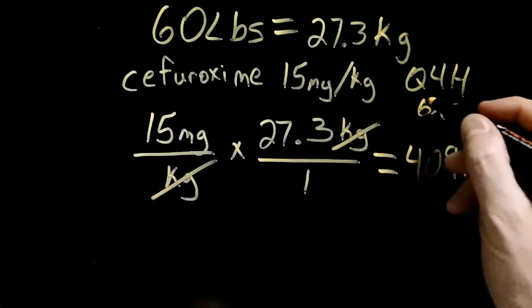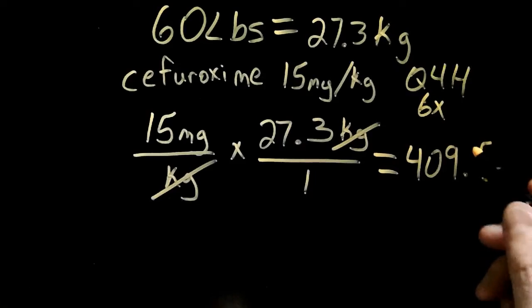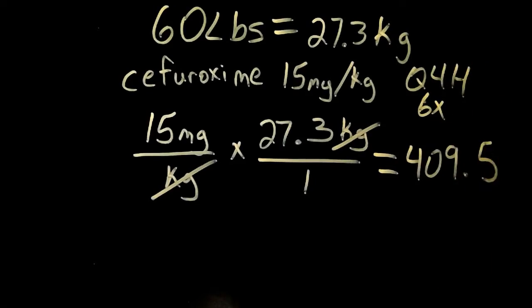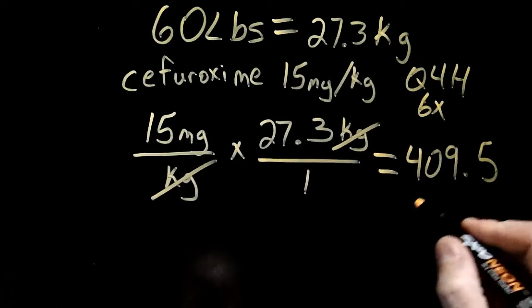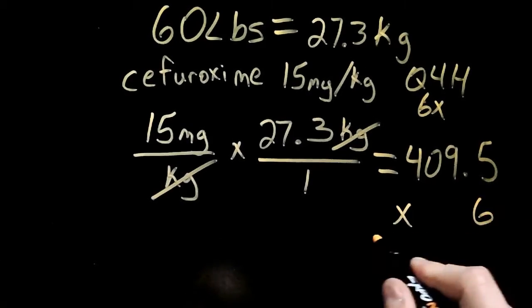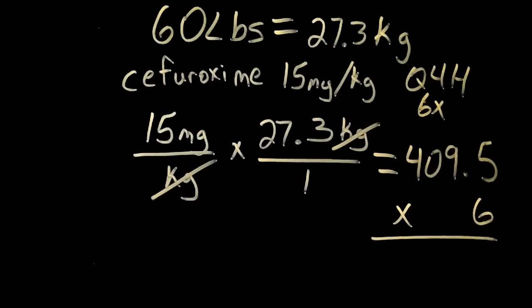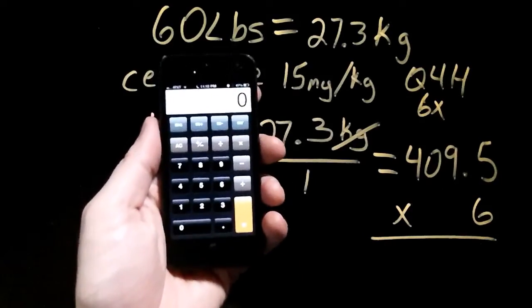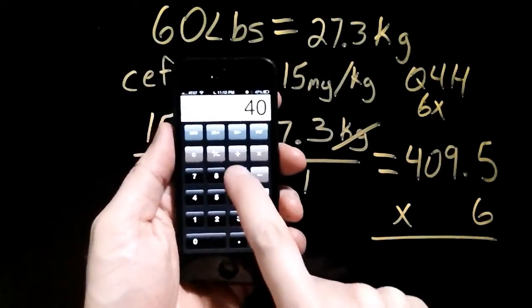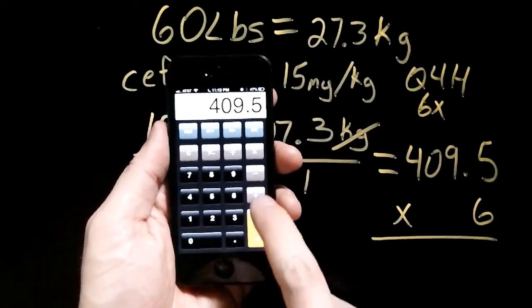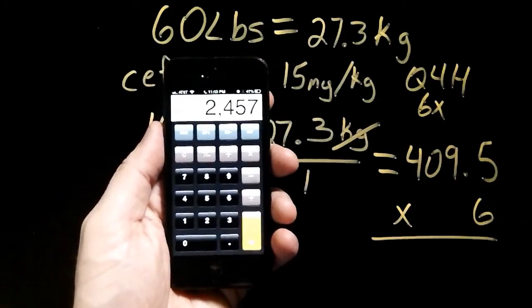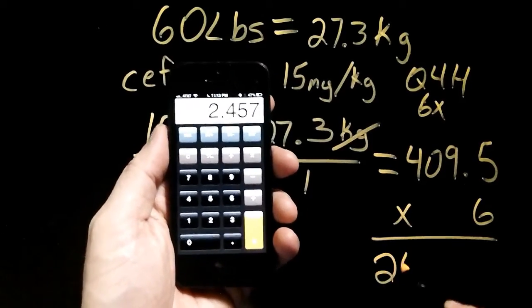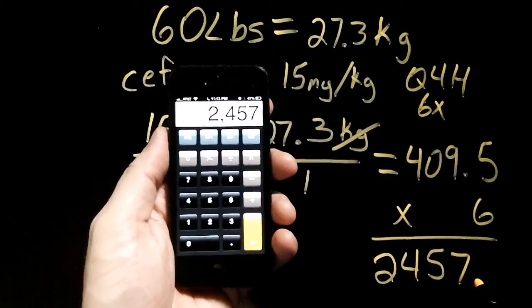Okay? You'll want to know that for a lot of day supply issues and things like that. But every 4 hours is 6 times a day. So I will just have to take 409.5 and multiply that times 6. Again, I could do long multiplication, but why not just use a calculator? 409.5 times 6, and I will get 2457 milligrams.